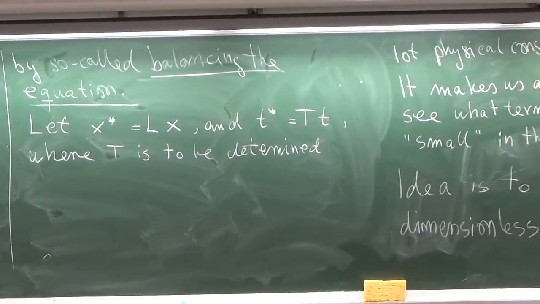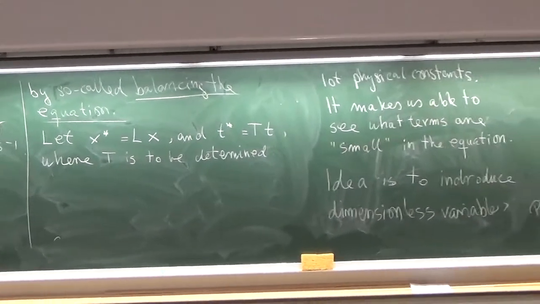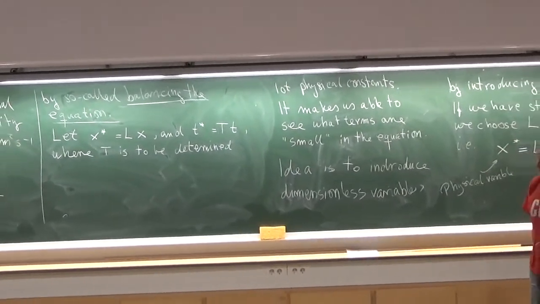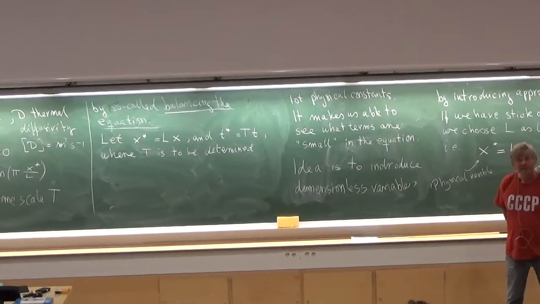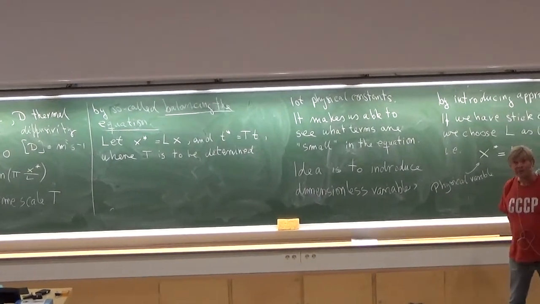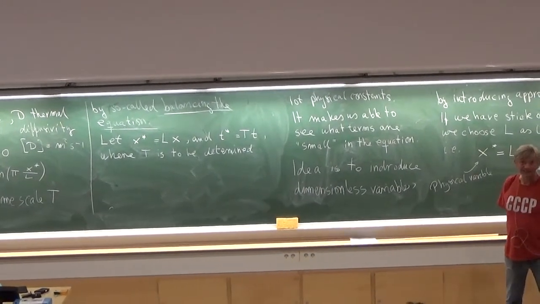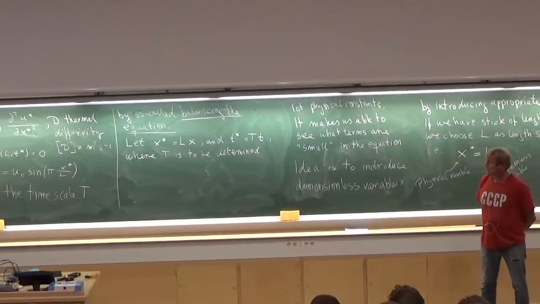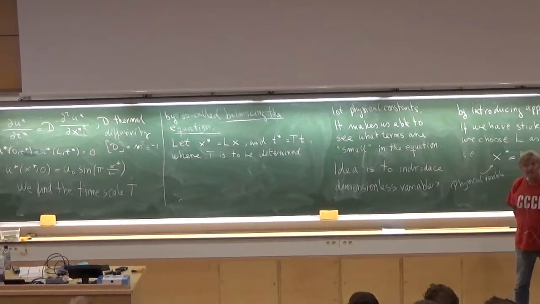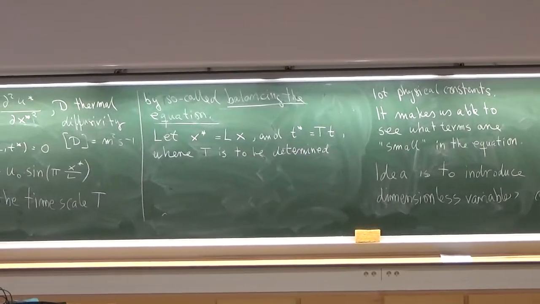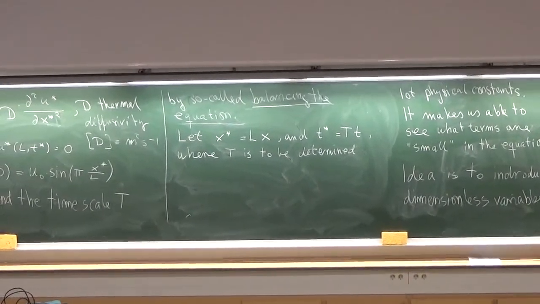You probably can't see it from the differential equation, because the differential equation is linear. So whatever I scale u star with, it will cancel out, you see. However, if you look at the initial condition, you see that the maximum temperature is u naught.